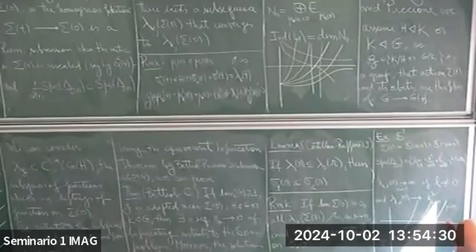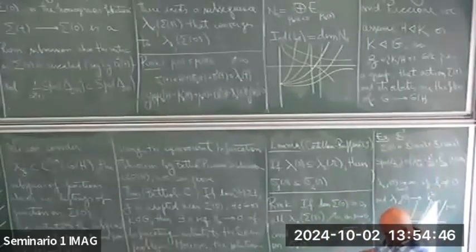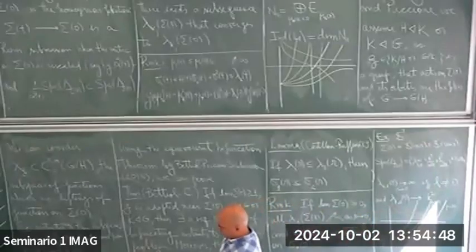Well, the point is, under this algebraic condition, the quotient is a group that you can easily check acts in the octaves. Okay, that's the point.